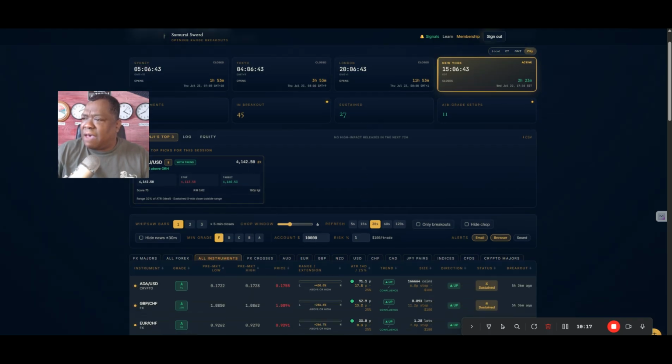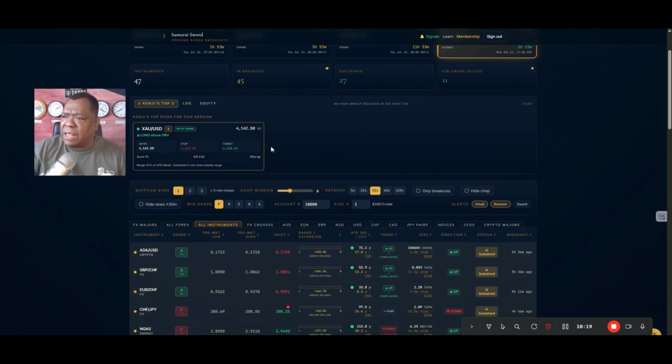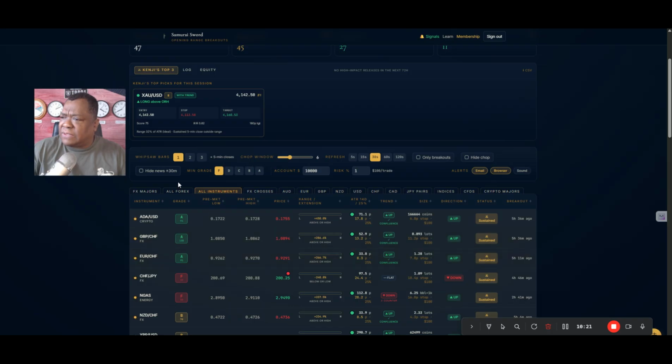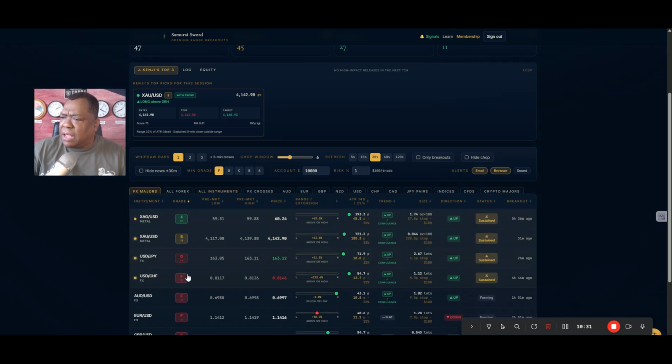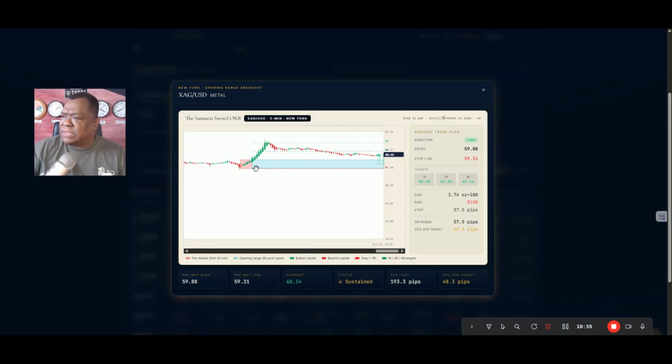We have powerful tools where we can look at Forex pairs, crypto, the Forex majors I like looking at, sort them by grade, and then look at gold or silver and see opening range breakout, samurai sword, breakout above the high. We've got stops, limits, and everything, all done by AI.